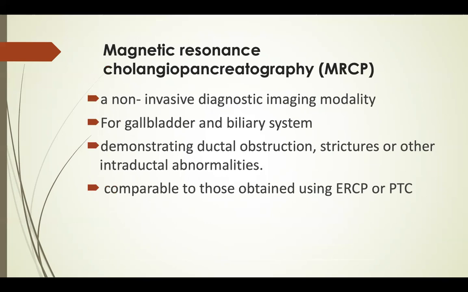Now, sometimes there is some suspicion on ultrasound. For example, we have done some surgery and the patient has developed jaundice, and then we are suspicious about what has gone wrong. So then we go for another investigation, that is MRCP. Sorry, MRCP is magnetic resonance cholangiopancreatography. It is a non-invasive imaging modality, but it is just diagnostic.